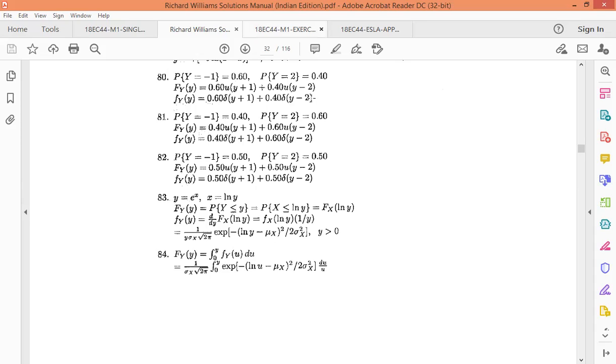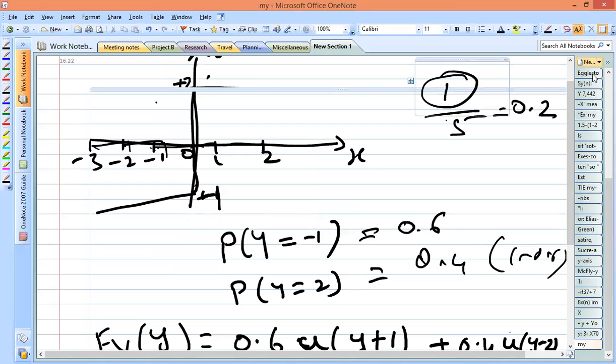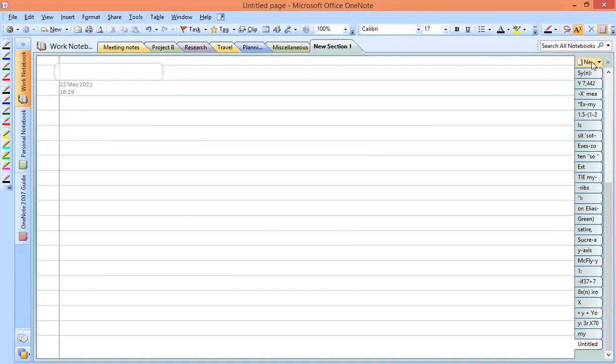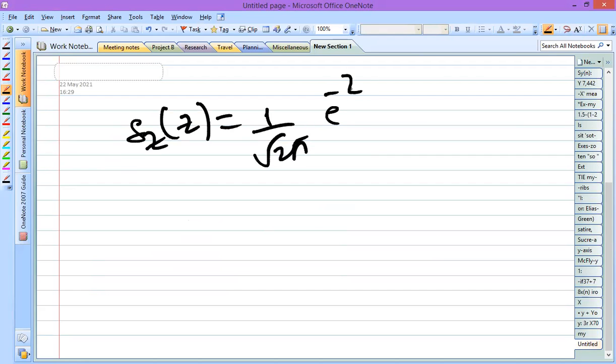I'll show that in the equation. If that is confusing, as we know, fz of z is equal to 1 by root 2 pi e to the power minus z square by 2 is the PDF.